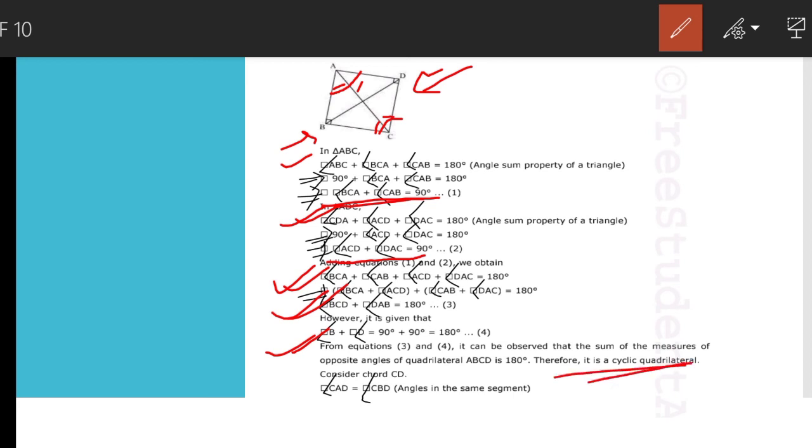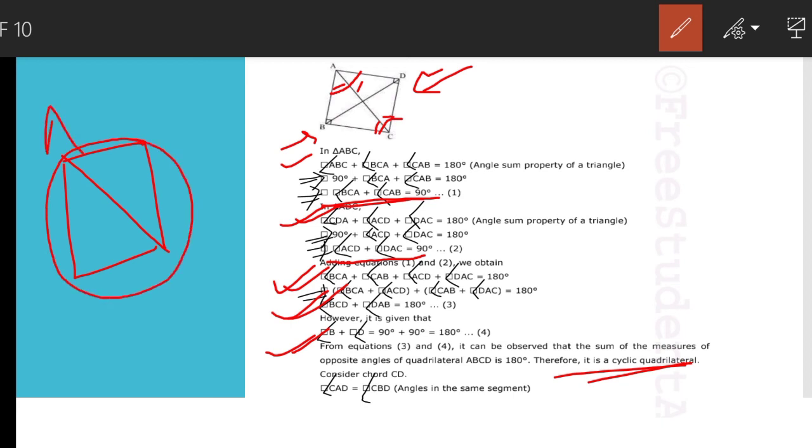So we can say that A, D, B and C form a cyclic quadrilateral.